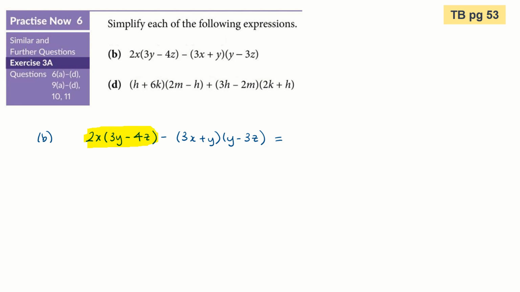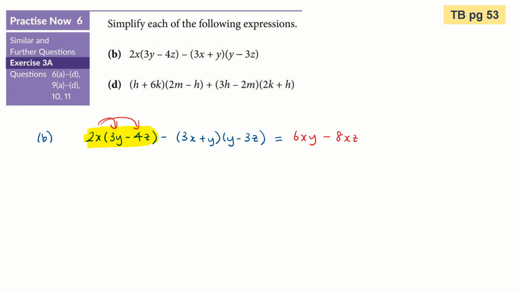We will take 2x to multiply by 3y, which is a distributive law method that we have learned in Sec 1. That shouldn't be unfamiliar to you. And that will result in a 6xy. Then we take 2x multiplying with a minus 4z, and that will give us a minus 8xz.